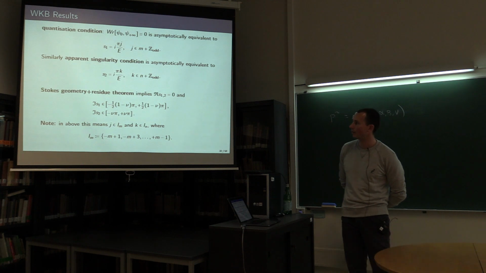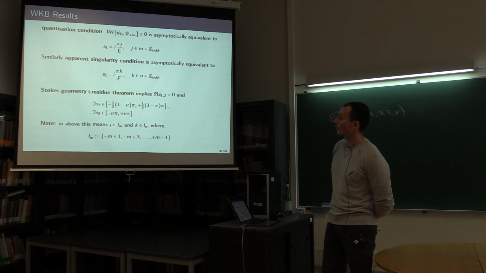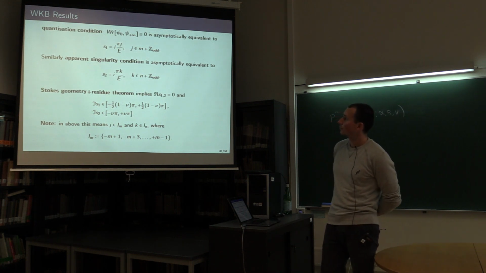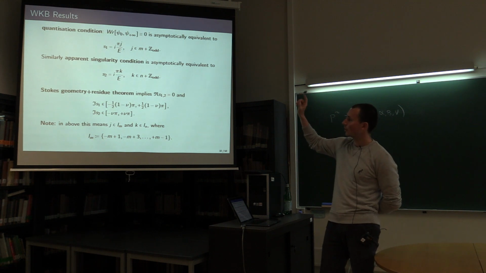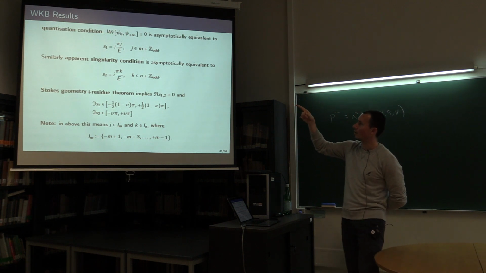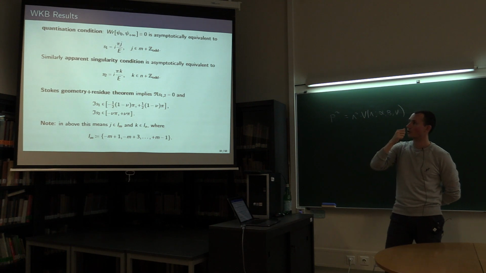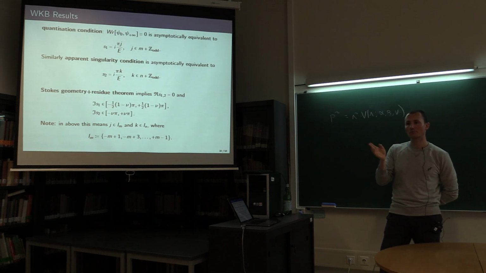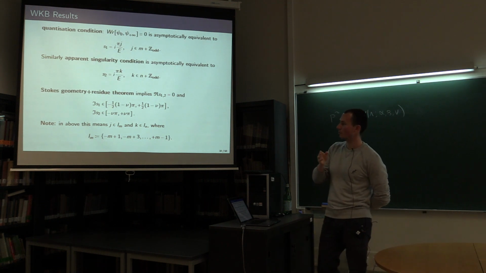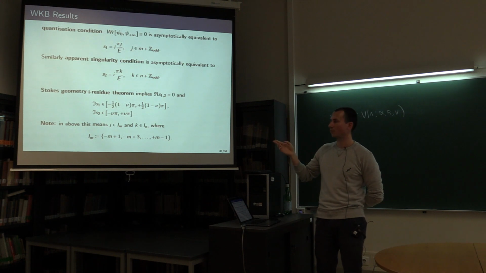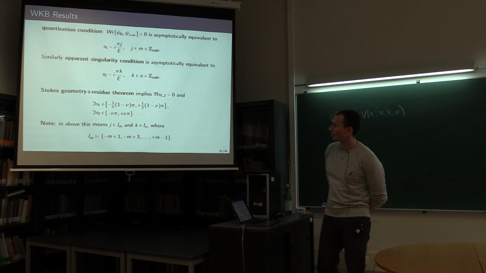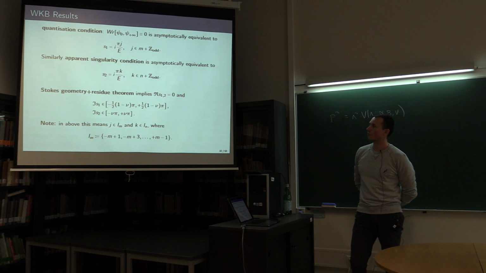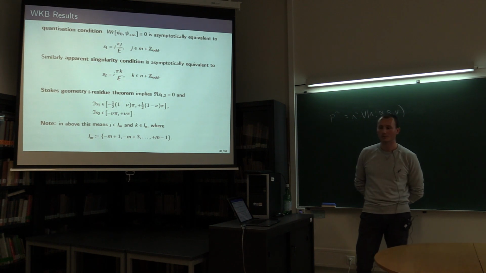So if you combine that with the quantization condition, asymptotically we see that this integer j has to take value in the set I_m, because I_m is the set which goes from minus m plus 1 until plus m minus 1. And the same for the integer k that comes from the apparent singularity condition.